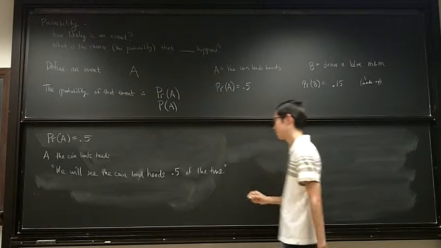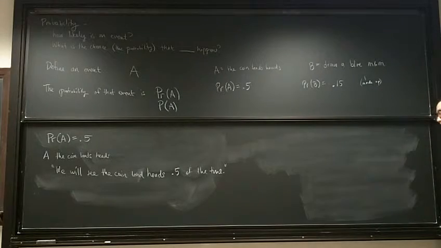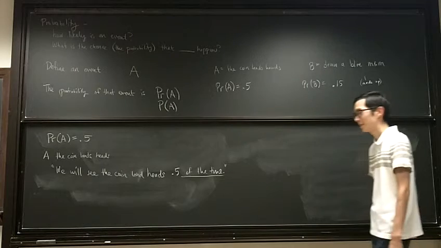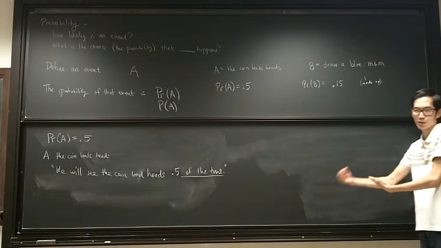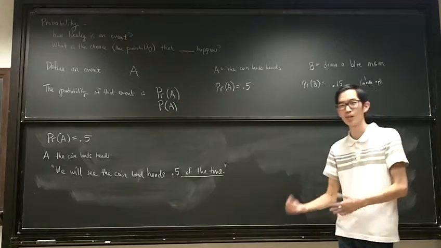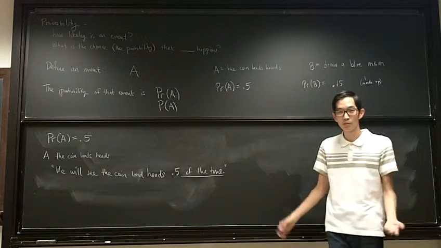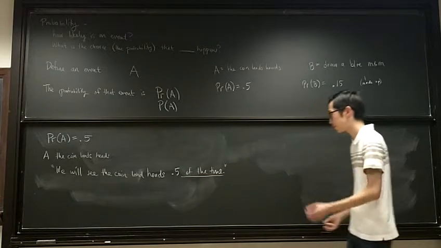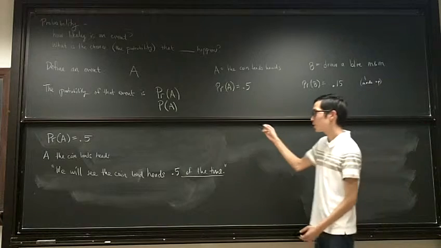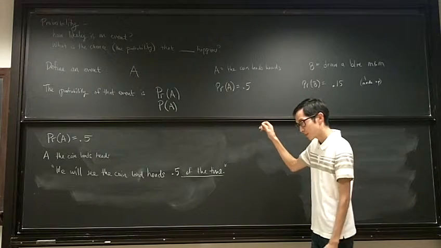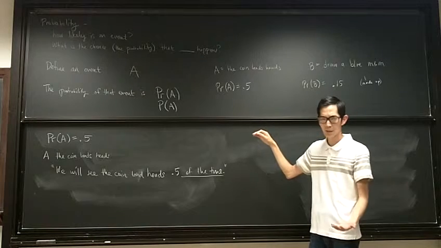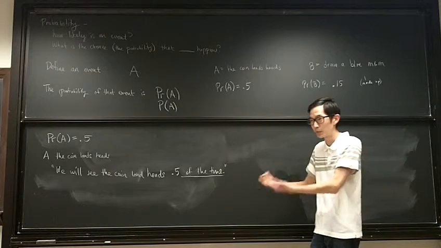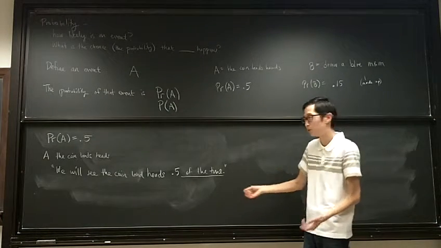Okay. Which is totally fine, but when we say 0.5 of the time, we don't actually mean for one coin flip or for two coin flips or for even after 100 coin flips, we won't necessarily see exactly 50 heads and 50 tails. Okay? I might have mentioned this our first week. We're going to take this very classical approach to statistics and probability, and we're going to take something called the frequentist view. Okay?